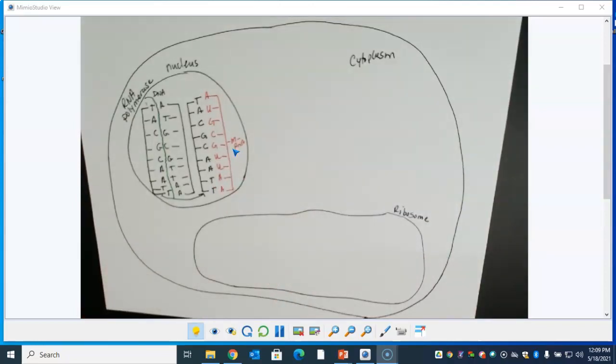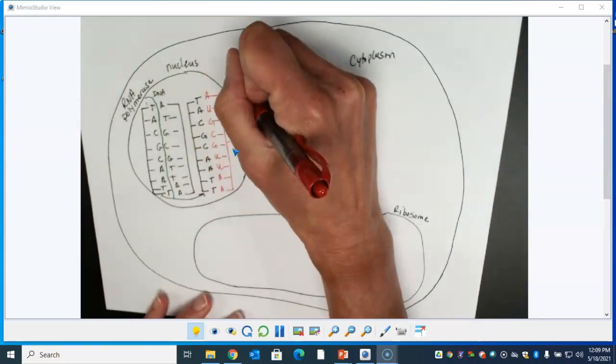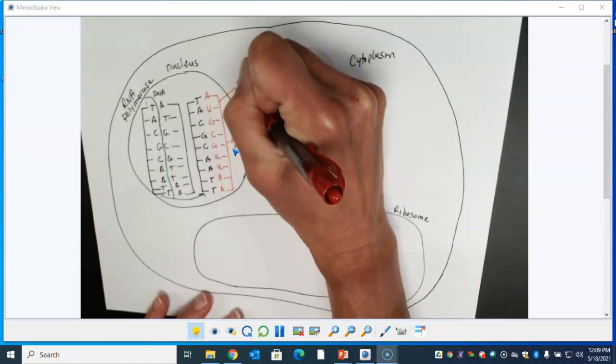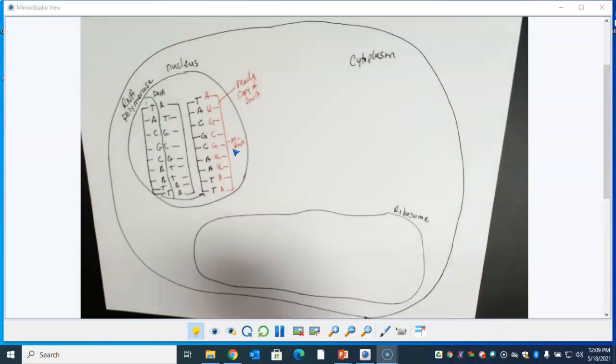So messenger RNA has now made a copy of DNA. This is the whole idea behind transcription: messenger RNA makes a copy of the DNA molecule, and messenger RNA is able to leave the nucleus and move into the ribosome.